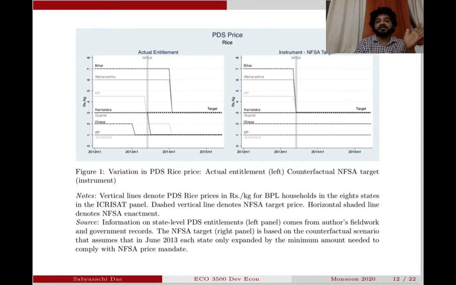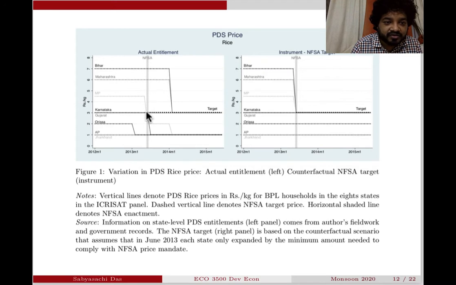So this is plotting the state-wise price of rice, and you see that after 2013, so sorry, I said it wrong. I said it's 3 rupees. So I said the price should be 2 rupees. The target price is actually 3 rupees per kg for rice. So this is the target. So for example, Bihar was selling the rice in the PDS shops at 7 rupees per kg.